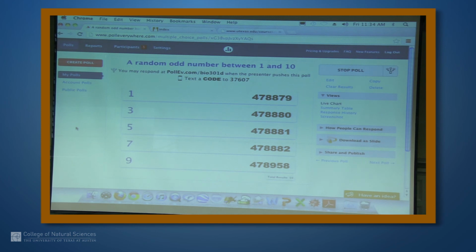Come on, the more you contribute. I think we got to 80 last hour. What should this look like if we're good, if we really are random?